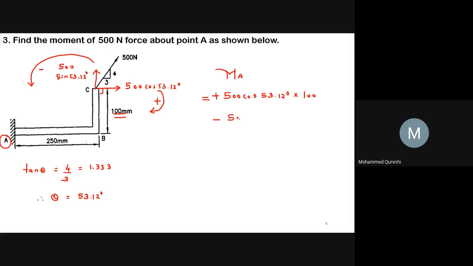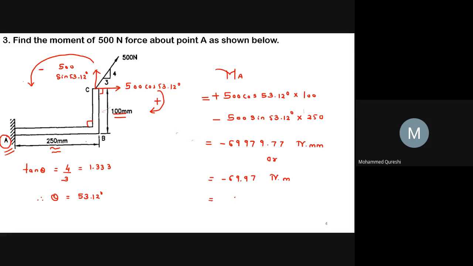So minus 500 sine 53.12 degree into 250, as it is making a perpendicular distance of 250 mm with respect to point A. So after solving, you will get the moment at A as 69979.77 Newton into mm, or equals to 69.97 Newton into meter, minus.